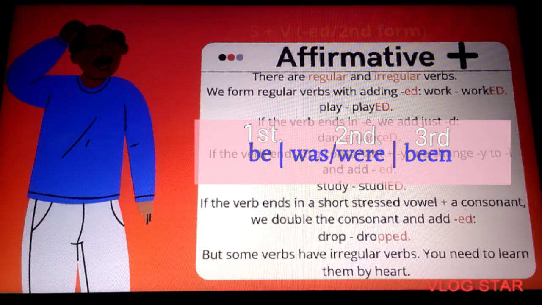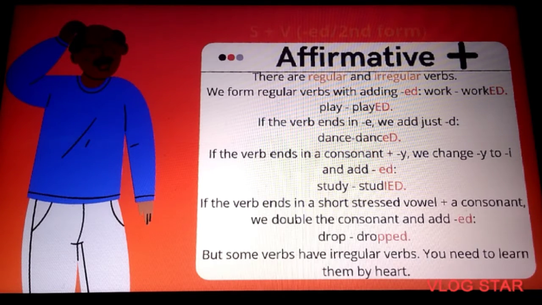Then the second form is, for example, was. And the third one is been. The second form we use for the past simple, but the third form we don't use in past simple. We can use it in the present perfect, for example, but we are going to learn this tense a bit later. So for the past simple, we use the second form in irregular verbs.